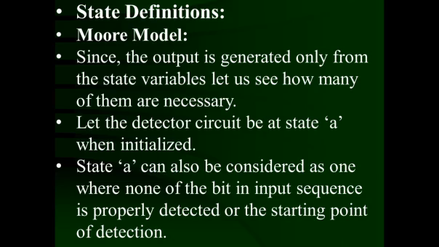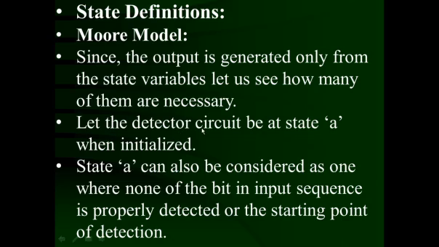State A will be there, state B, state C, state D, state E will be there. So how many states are going to be there? We designated A, B, C, D, etc., but these correspond with some binary values, remember. How many states are required in each model, Moore and Mealy, we are going to see from the state transition diagram.